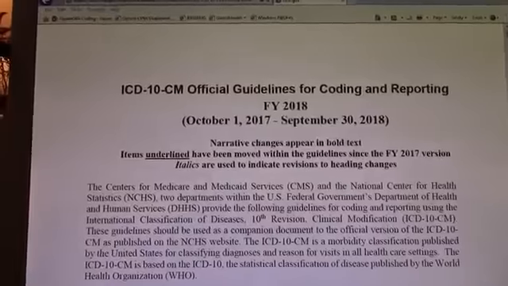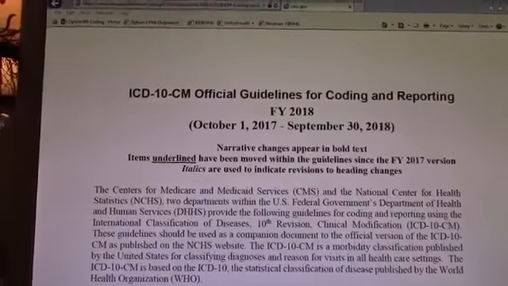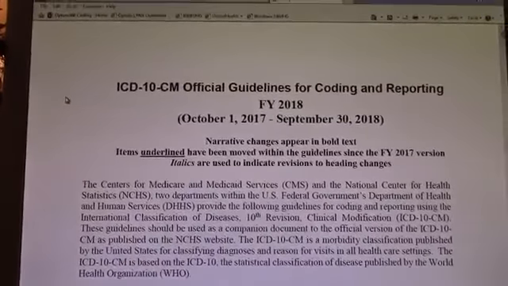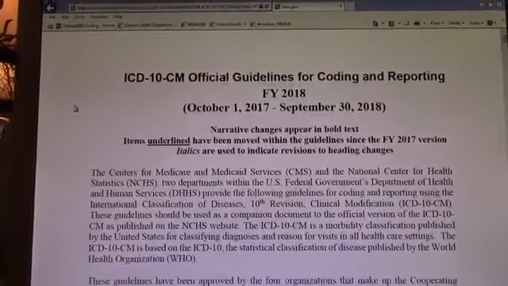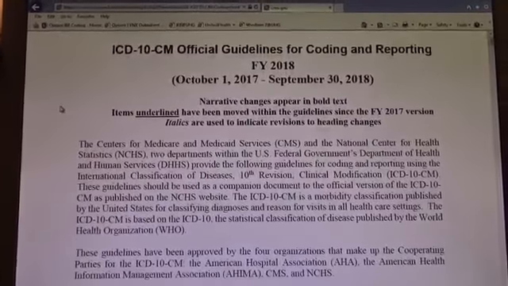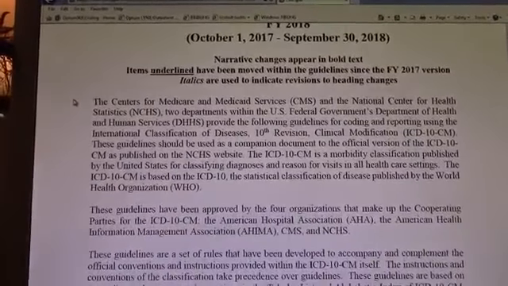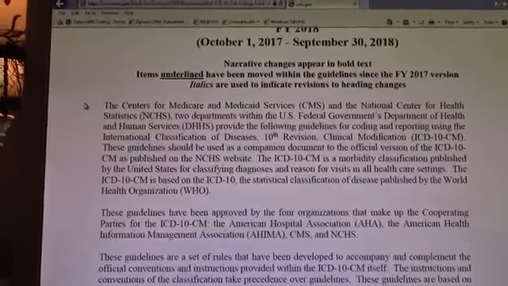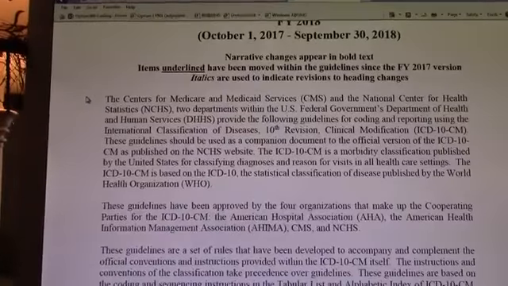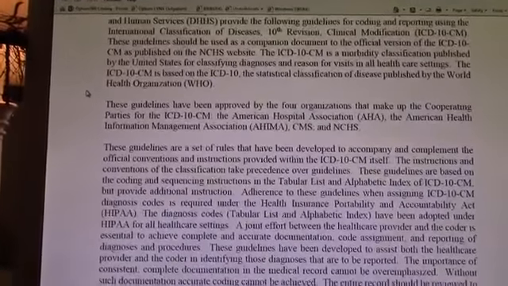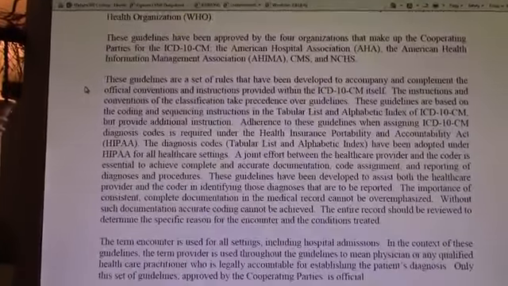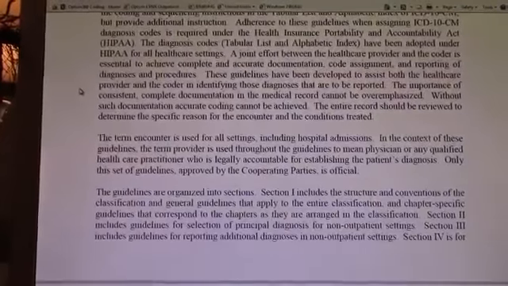So as we go through and review these guidelines, it's a 117-page document. I showed you step by step how to find these guidelines on the www.cms.gov website. In the search box, click on 2018 ICD-10-CM and it will give you these updates.